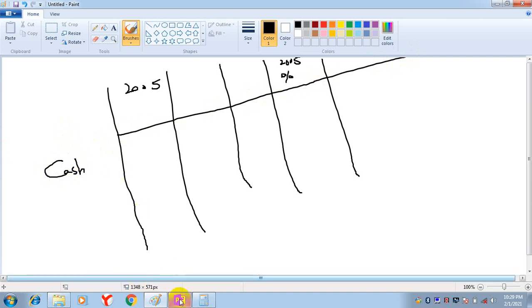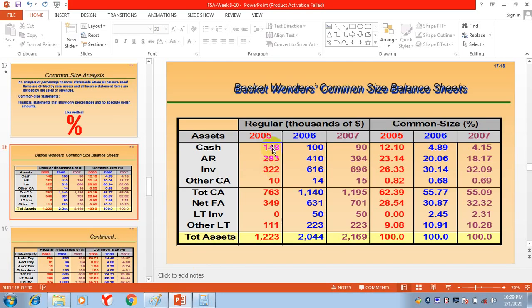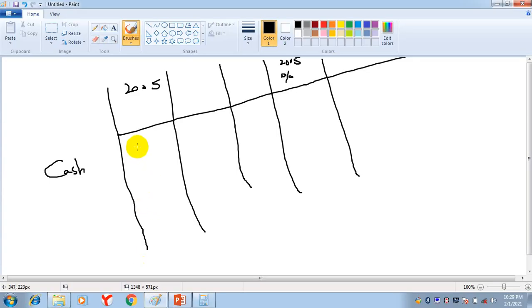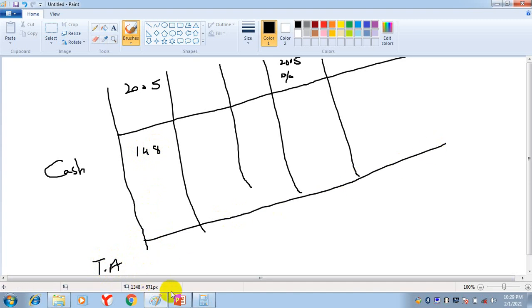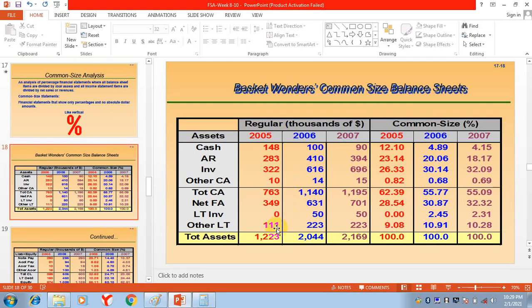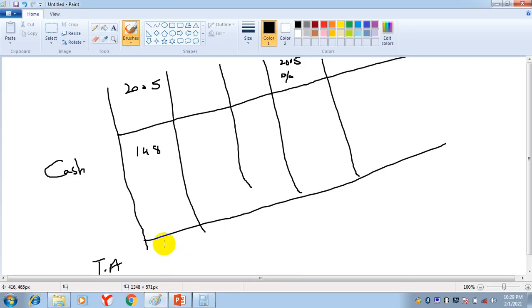What is the amount of cash? 148. Here is another item, that is total assets. And total assets, how much is it? 1223.